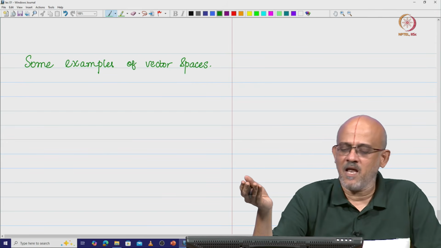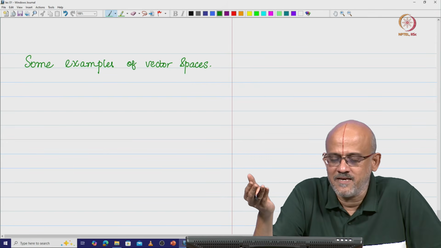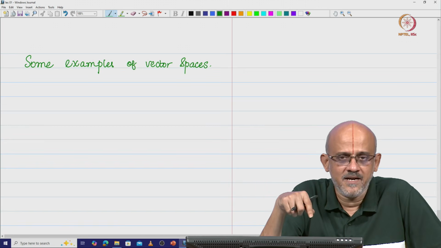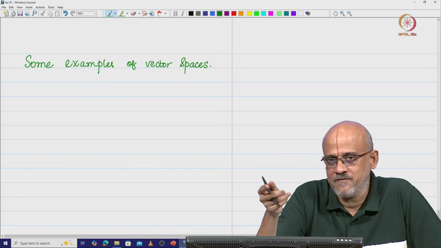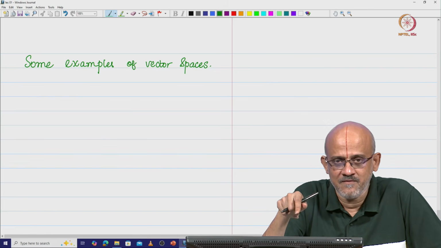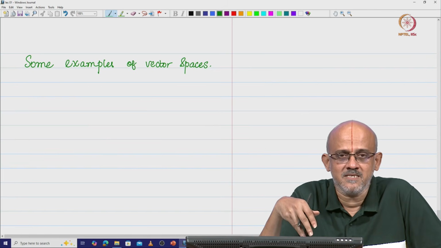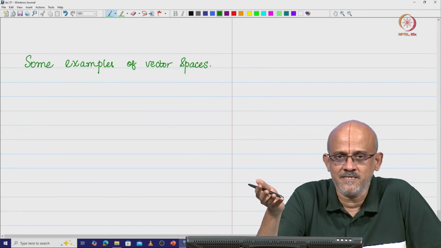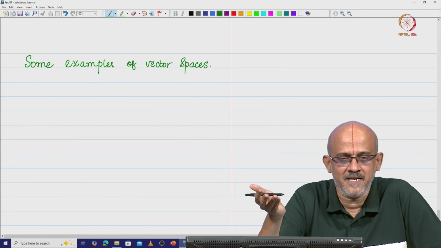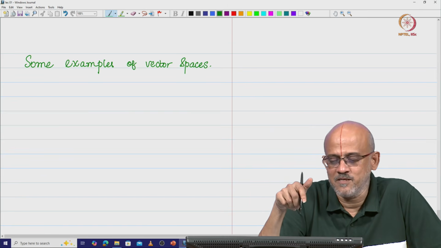So what is the simplest vector space that we can have? Remember, we defined the vectors over the field F, and that field had all the properties that we spoke of for vector spaces. It was closed under addition, closed under multiplication, and the 0 element was also there.